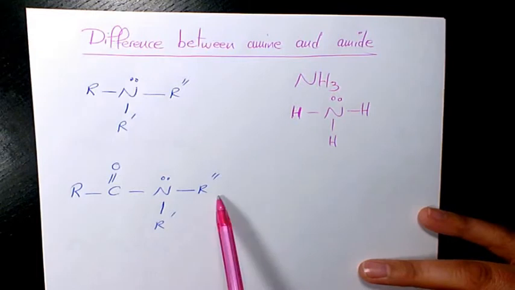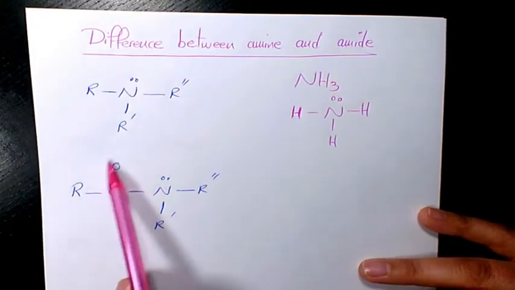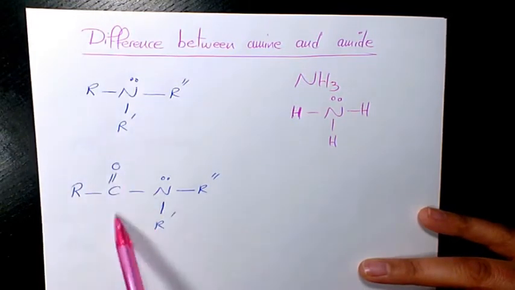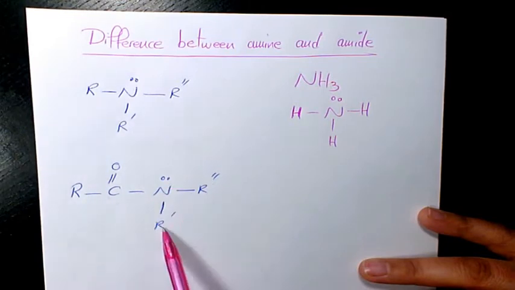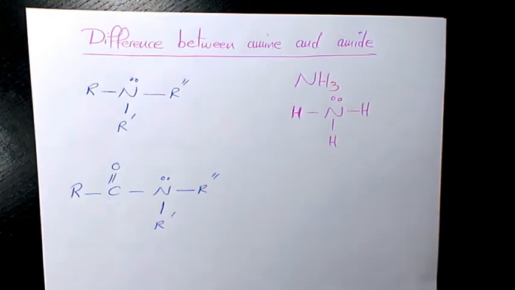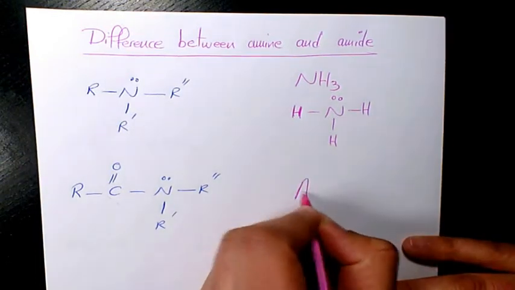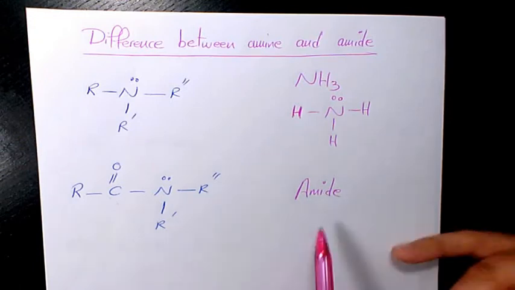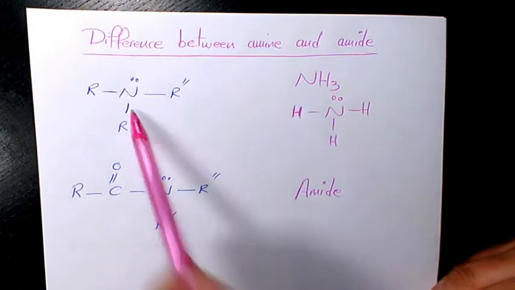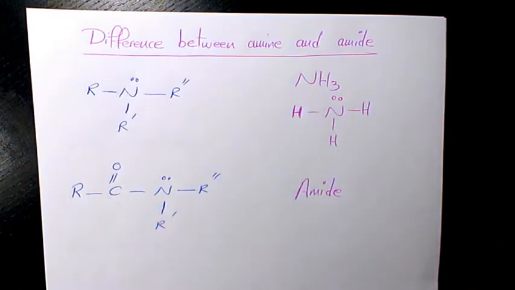But with an amide, we have a carbonyl group involved, connected to R, and here nitrogen and two or fewer alkyl groups. So this one is going to be an amide, and the other one is going to be an amine. So amide has a carbonyl group, amine doesn't have a carbonyl group.